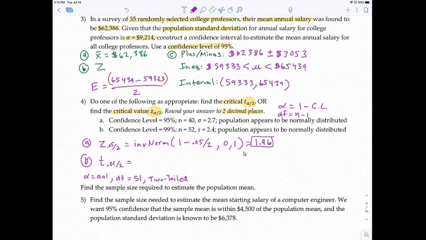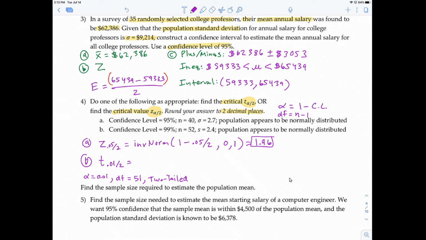Later on in chapter 8, when we see something like t sub alpha or z sub alpha, whenever there's not that divide by 2, that's telling you that it's a one-tailed test. So keep these three things in mind. You've got to know these three things to figure out the critical value.